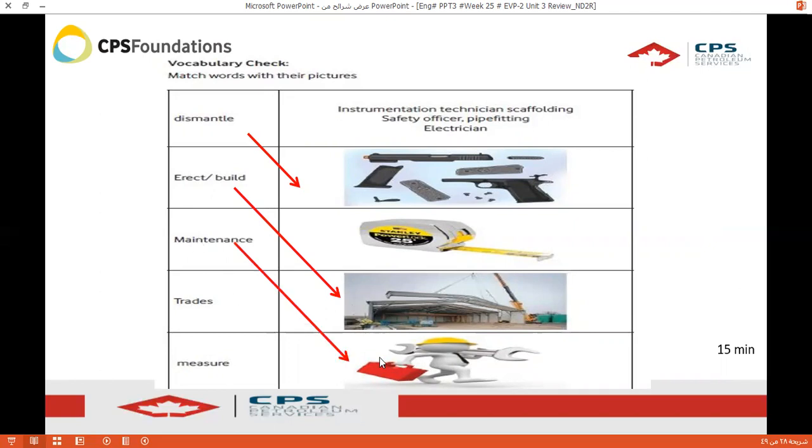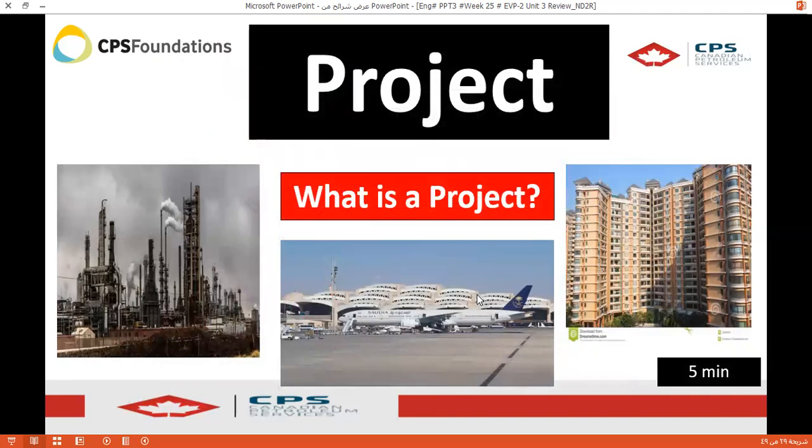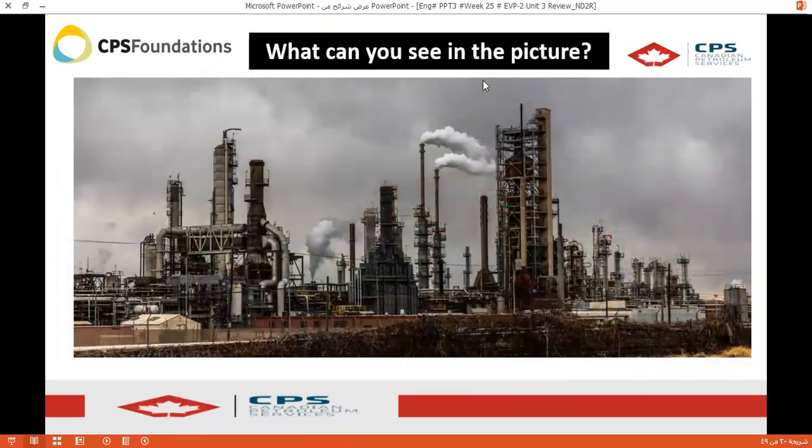This is the symbol of maintenance. Trades like instrumentation technicians, scaffolding, safety officers, and pipe fitters and electricians. All of these are trades. Measure, we usually use this to measure the length of places. A project, as we said before, is something that you start, you design, after that you build.